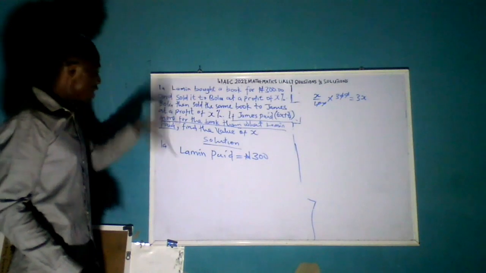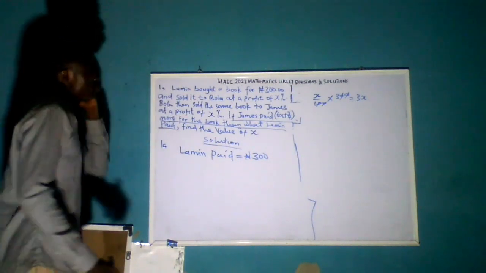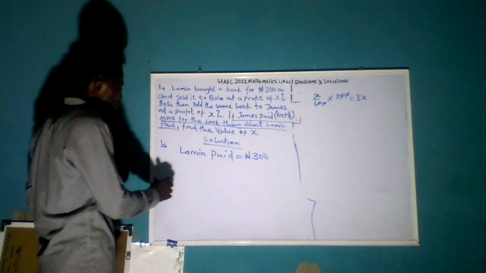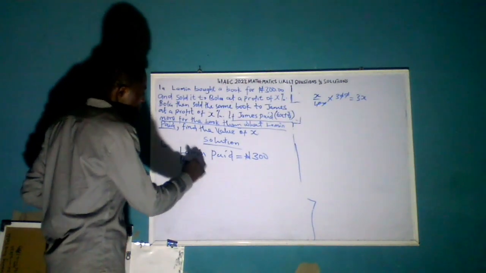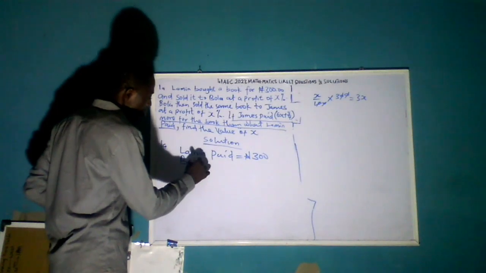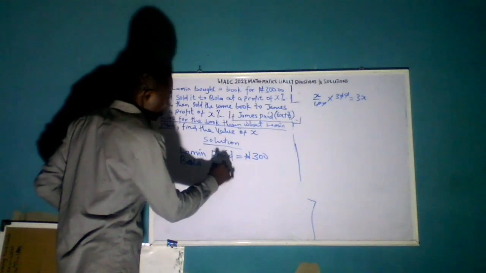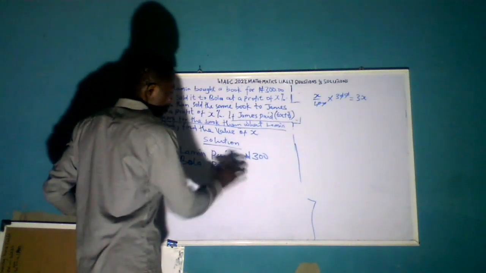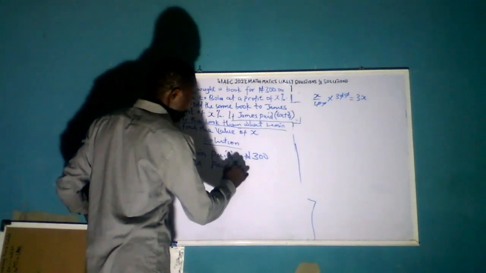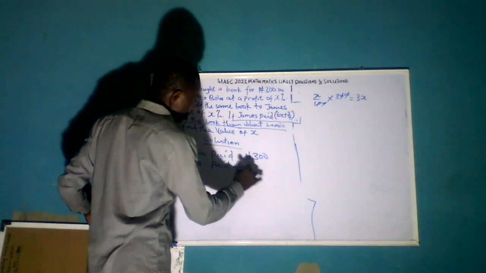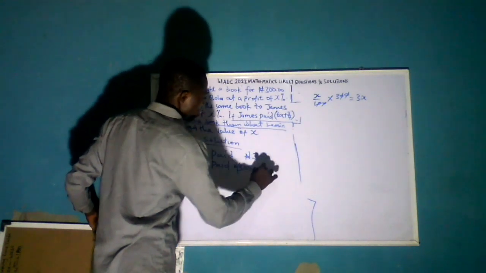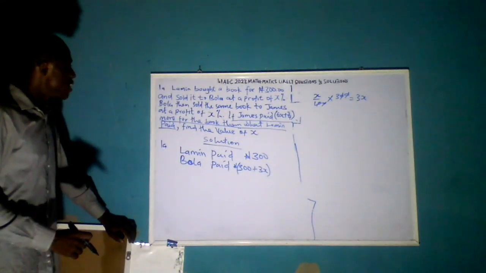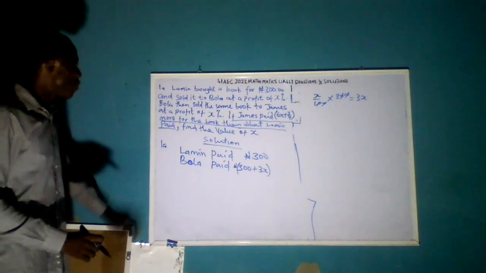If that is the profit made by Lamid, what amount did Bola pay for the book? Bola paid 300 naira plus 3x for the same book. Now going further, Bola then sold the same book to James at a profit of x%.